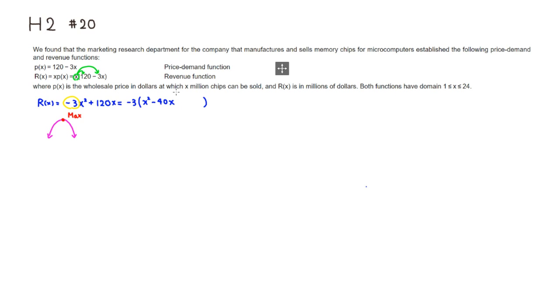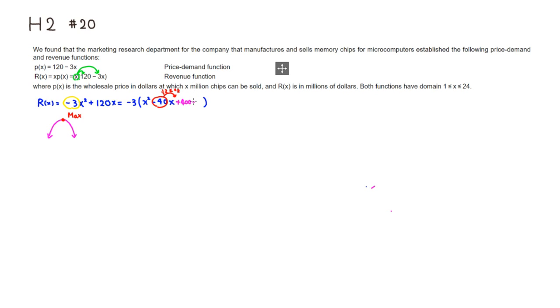Then in order to complete the square, remember that we take the coefficient of x and take half of that, then square it. Half of negative 40 is negative 20. If you square that, you get positive 400.